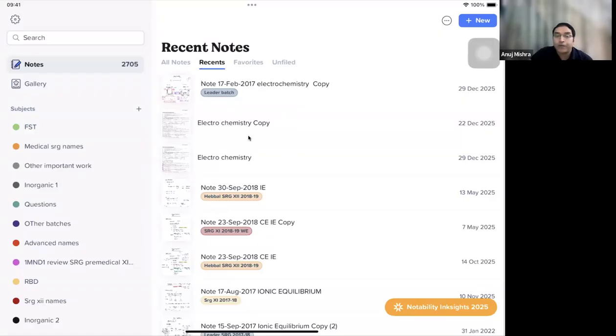So if you recall, in the last class, it was a combined class, we did Newman and Sawhorse projections. We reviewed symmetry elements. All those things were done, right?